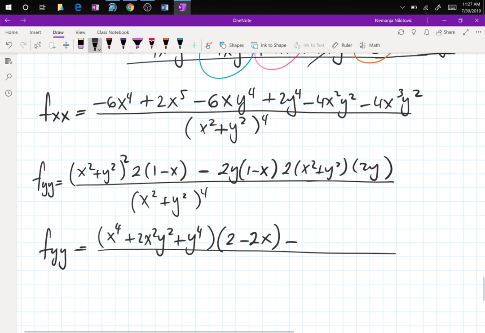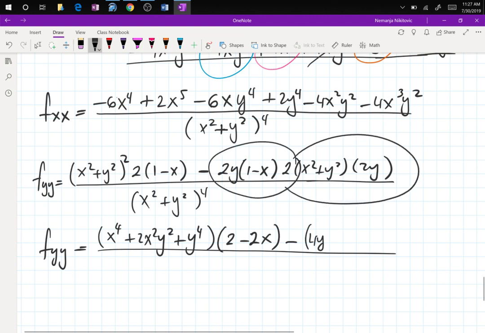Minus, we have 4y, so I'm multiplying these together and these together.